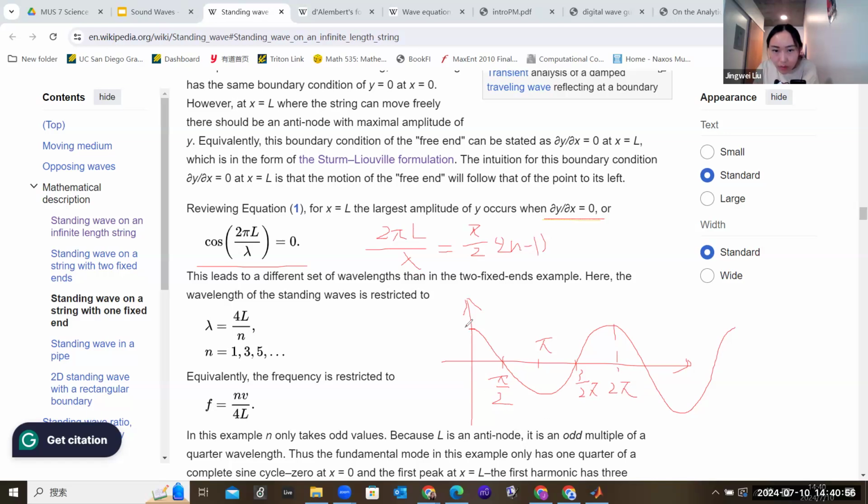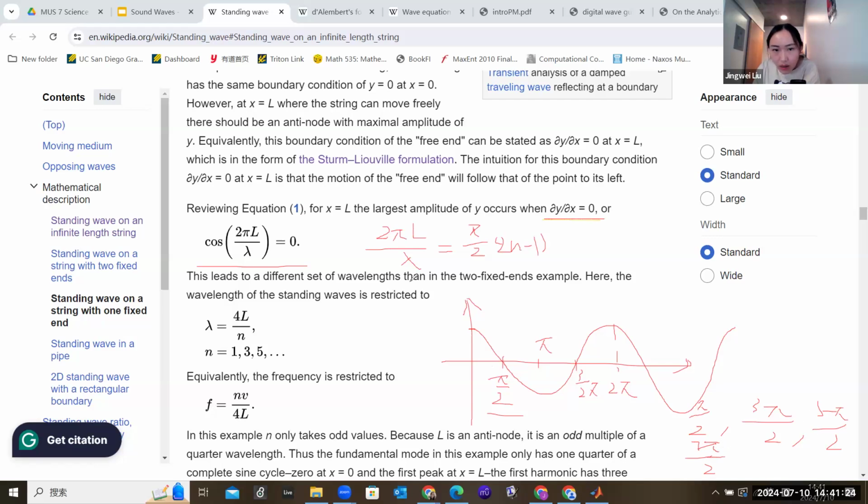For a cosine wave, if you want this to be 0, then it has to be pi over 2, 3 pi over 2, or 5 pi over 2, or 7 pi over 2.